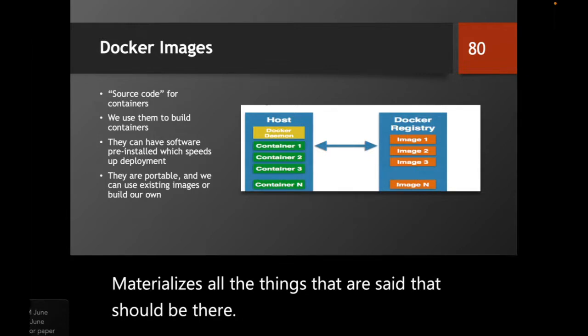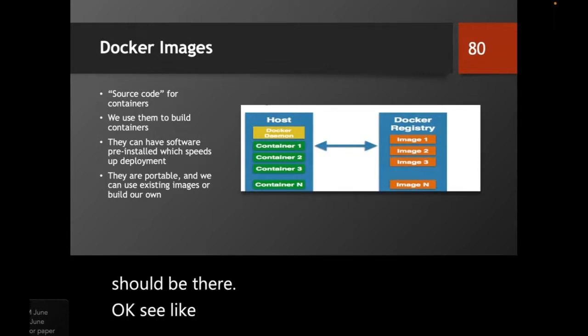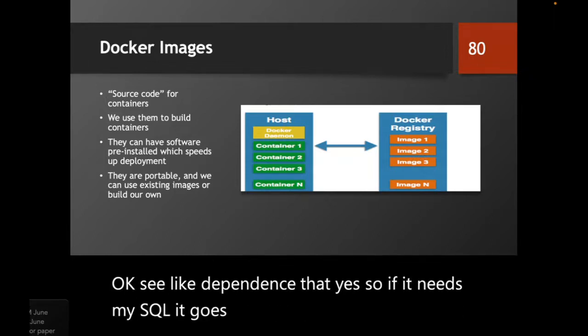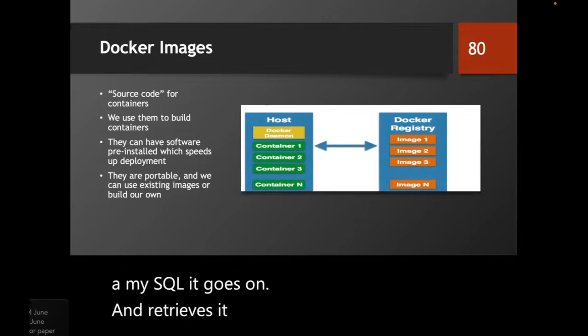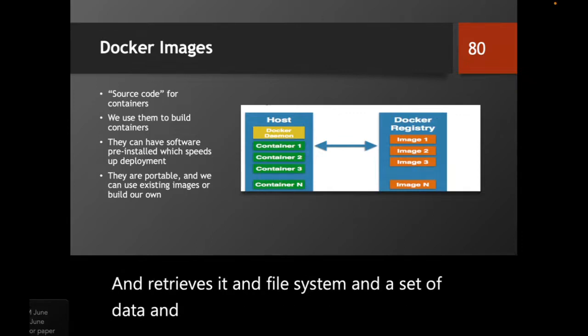Oh, okay, I see. Like dependencies, right? Yes. So if it needs MySQL, it goes and retrieves it, and file system, and a set of data, and everything. So it reconstructs.